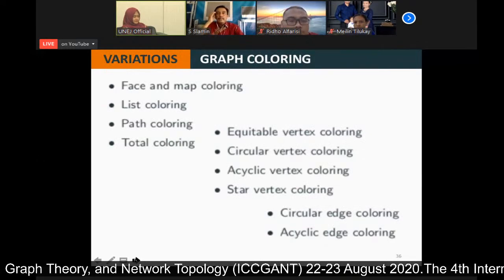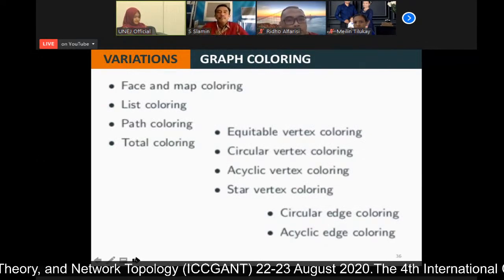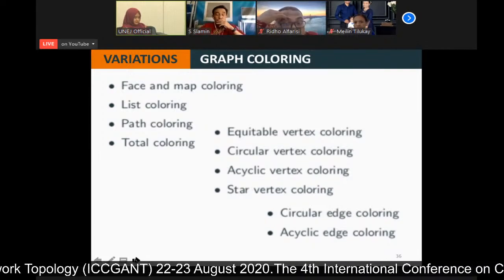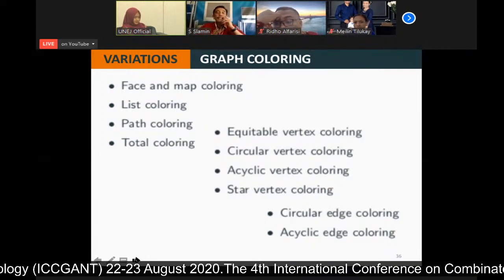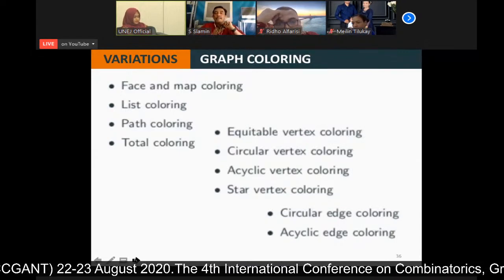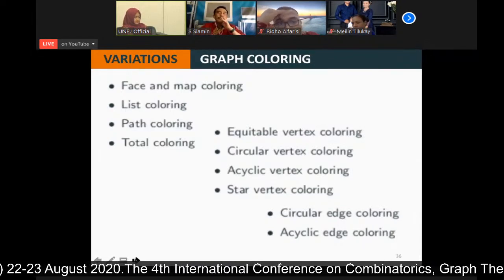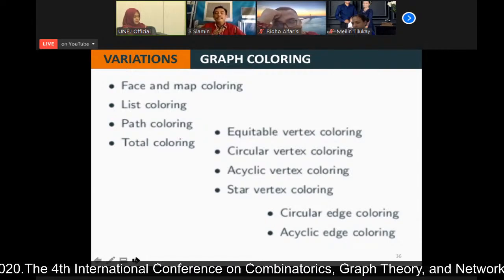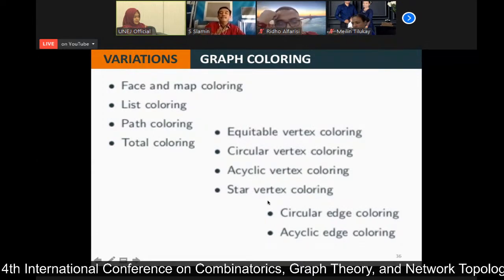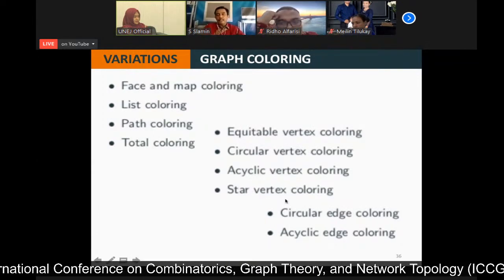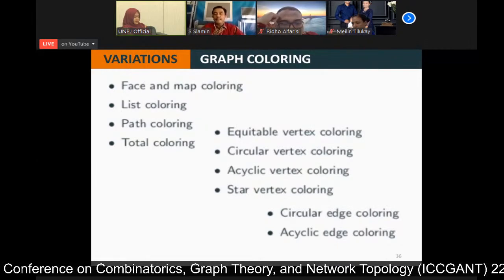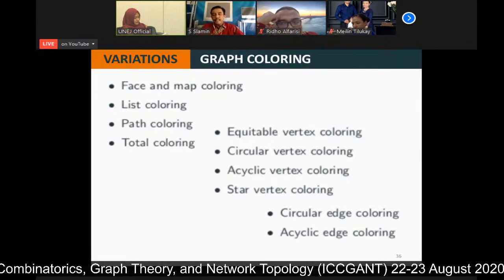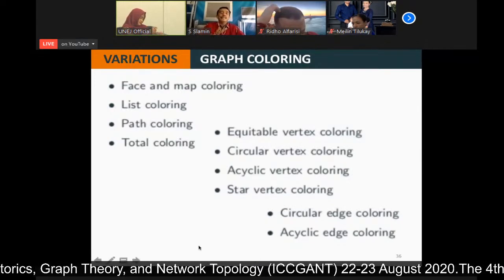Okay, other variations of graph coloring are face and map coloring, which I gave already in the beginning of this slide. List coloring, path coloring, total coloring, equitable vertex coloring, circular vertex coloring, acyclic vertex coloring, star vertex coloring, which is actually the same as circular vertex coloring, and circular edge coloring, and also acyclic edge coloring.